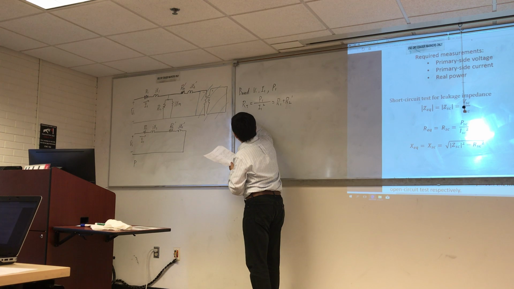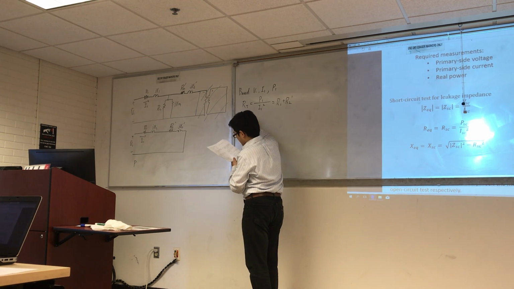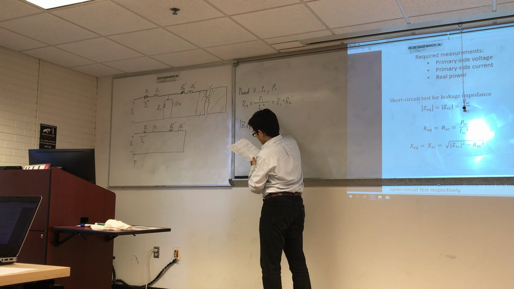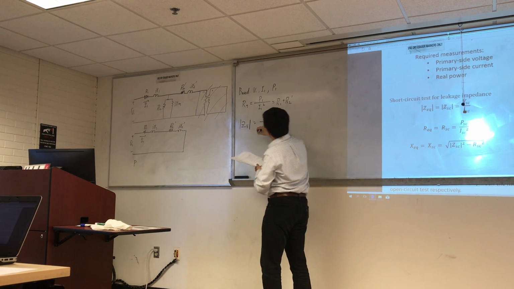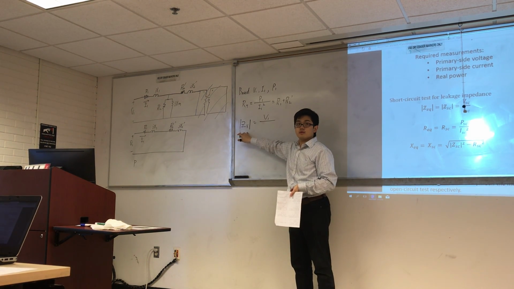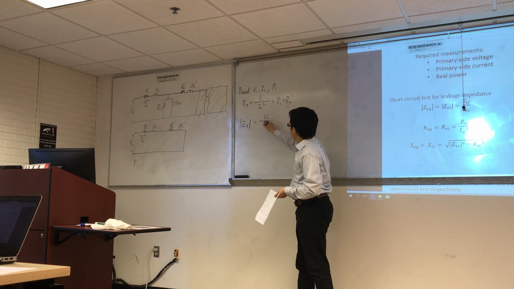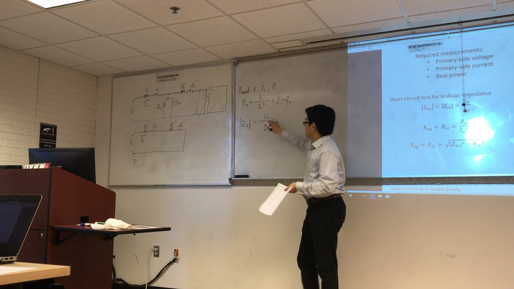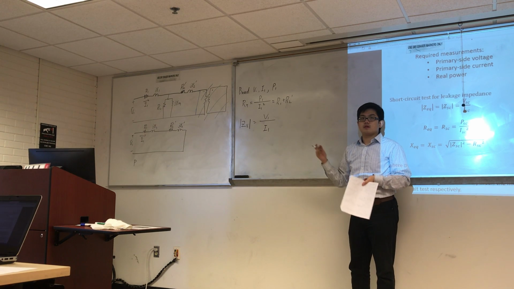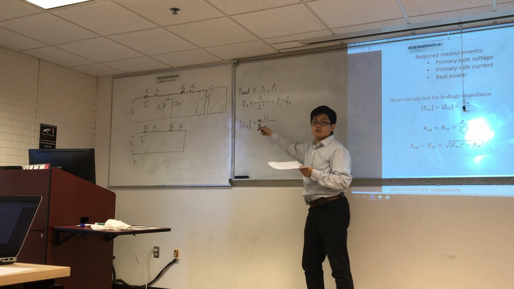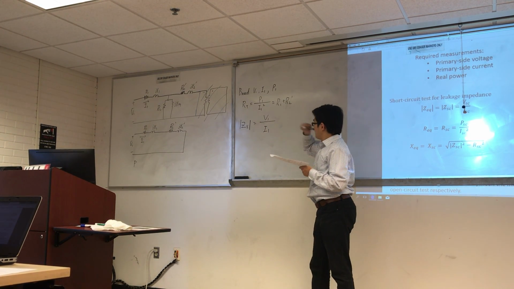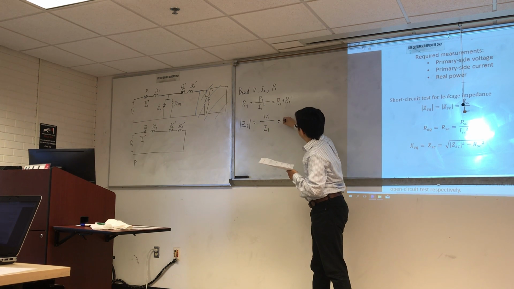Next, we can know ZT equals V1, ZT magnitude, only magnitude. V1 divided by I1, voltage divided by current, is your impedance magnitude. So what's your ZT?